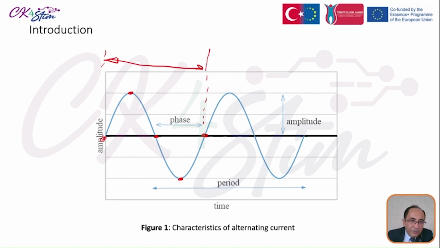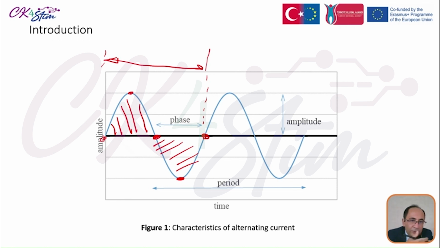Here, starting from zero, going to negative highest and coming back to zero once again, we call this a phase, since the alternating current has two different phases, the negative and positive.